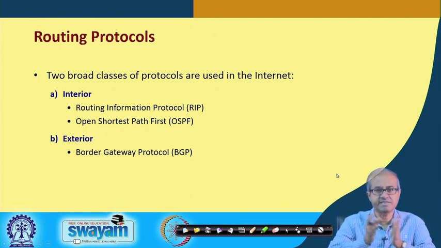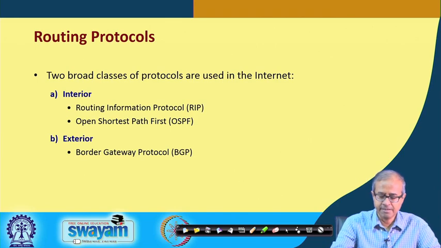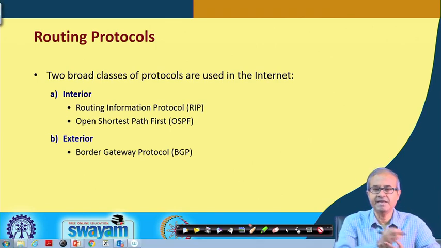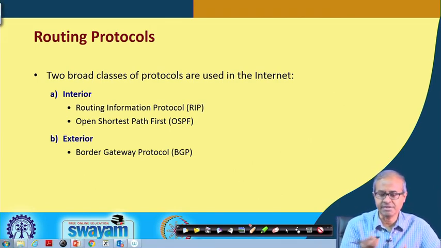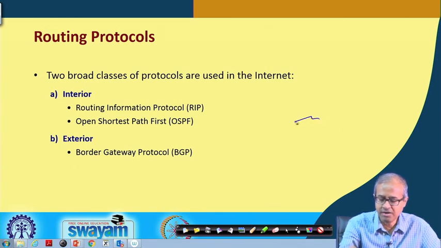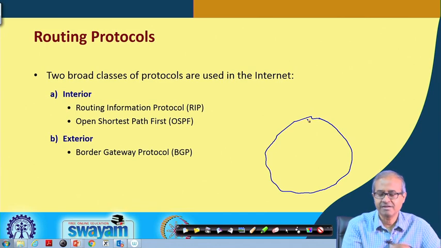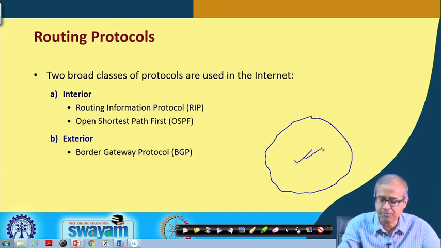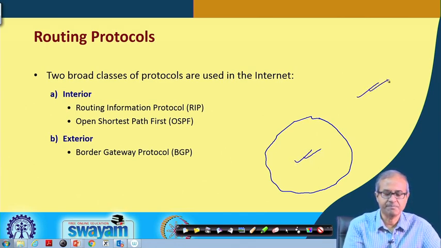First, as I said, we would be distinguishing between two different classes of routing protocols. One is called interior, one is called exterior. By the very name interior and exterior, you can understand we are talking about some kind of a boundary, whether we are inside the boundary or outside the boundary.